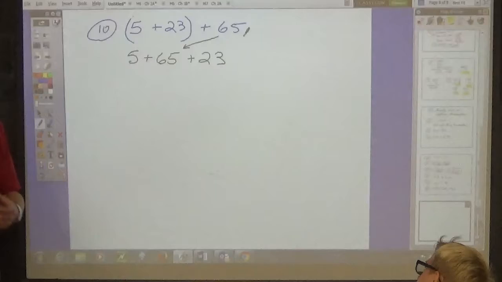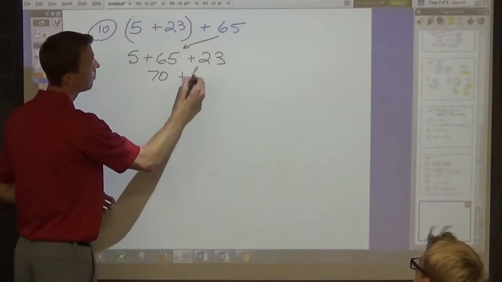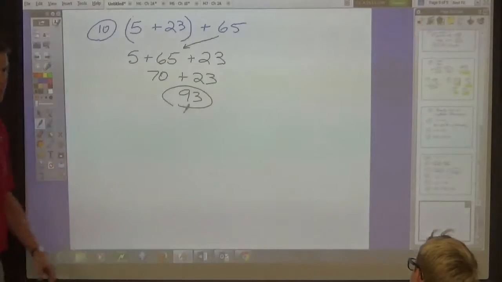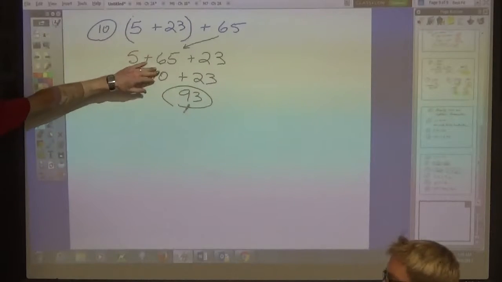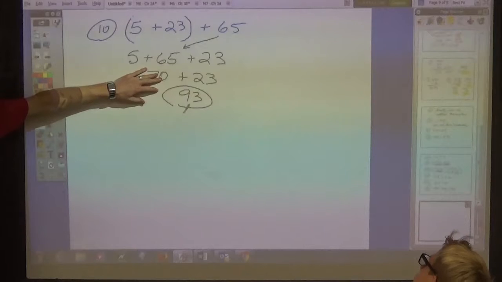So whatever strategy you're using, you have to show that. And then write 70 plus 23 is 93. So you have to use the properties in order to write the answer, okay?